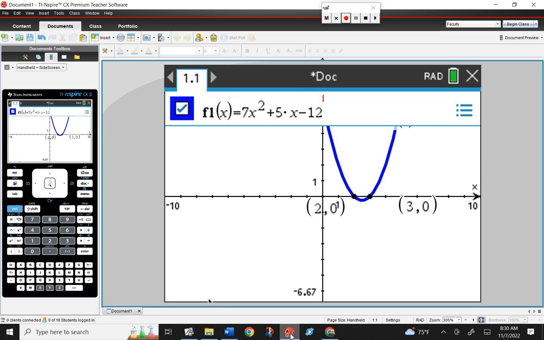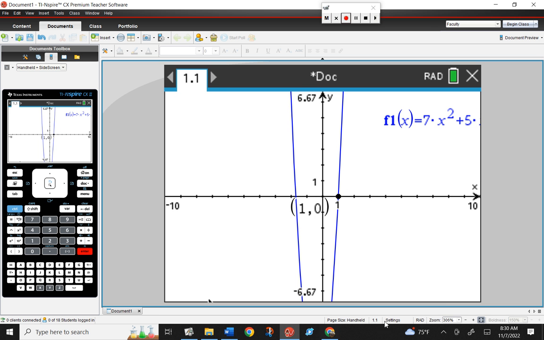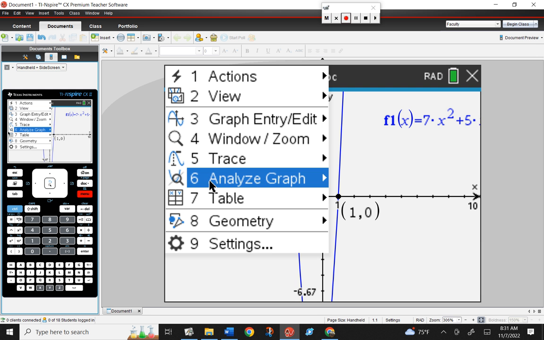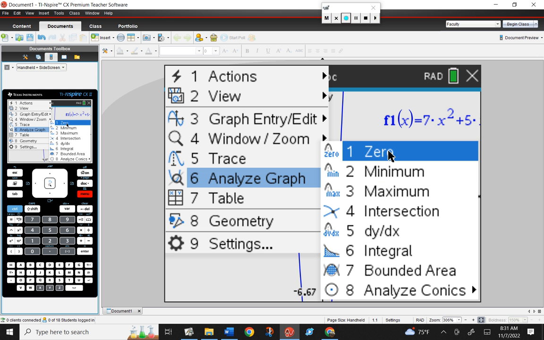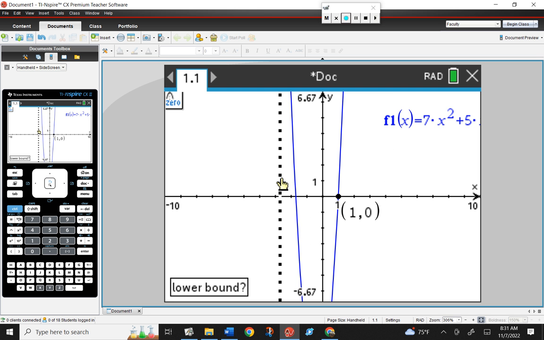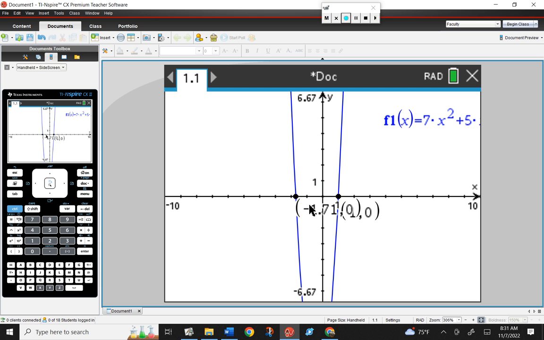So here we go. We're going to hit enter, and it gives us one solution right here. Now we have to find the other solution. If you remember, menu, analyze graph, zero, put this dotted line to the left, put this dotted line to the right, and it gives you the solution right there.